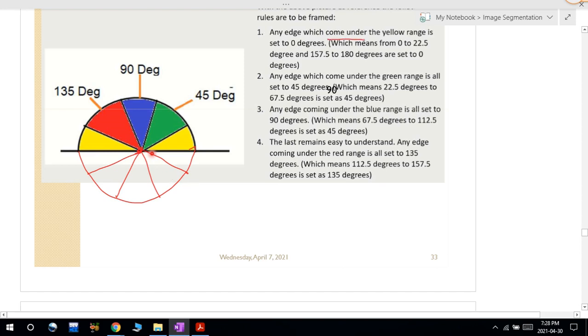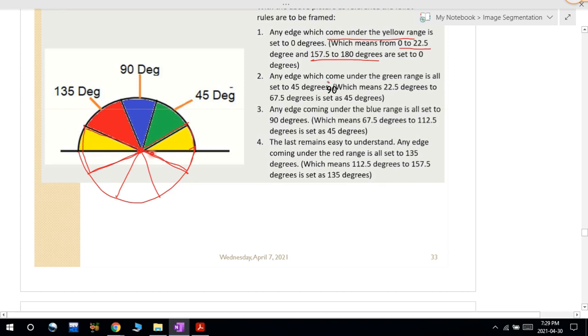Any edge which comes under the yellow range is 0 degrees. Actually the negation also will be there. So whatever theta value we get, if it is 0 to 22.5 or 157.5 to 180 degrees, then I can consider it as 0 degrees.